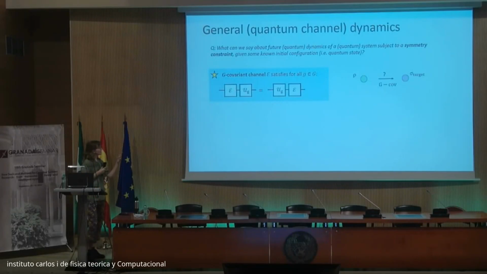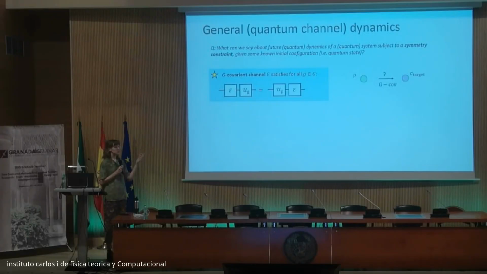A similar condition applies for how you define G covariance in this context: your channel has to commute with the group elements. And so we have a more general question.